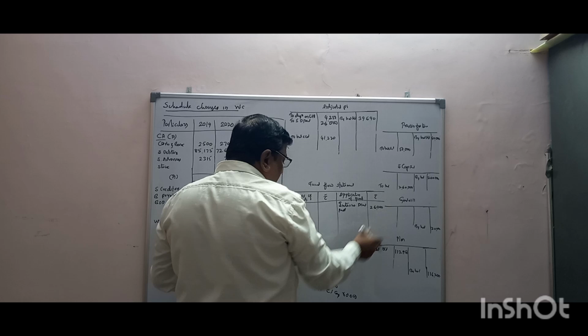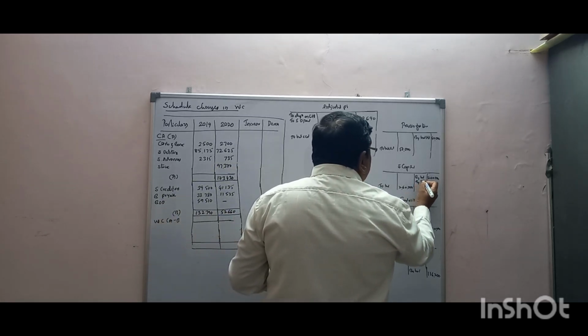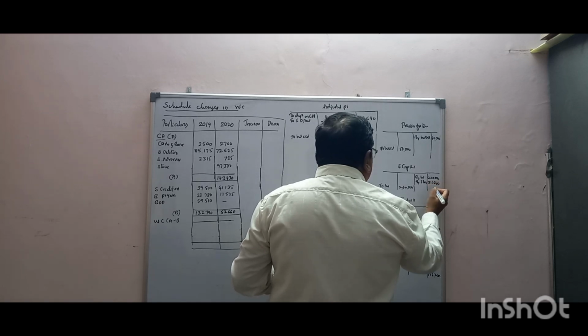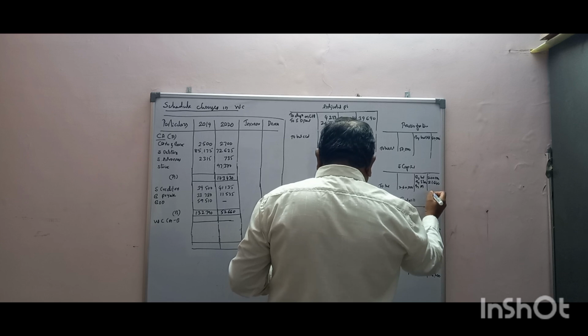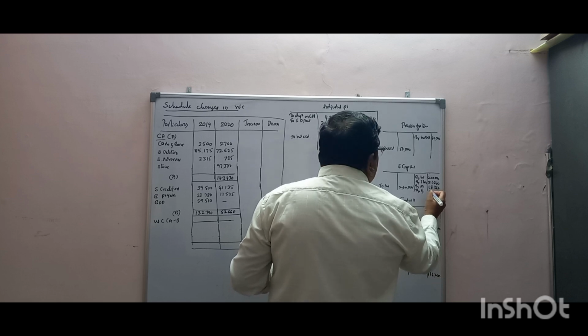In the equity share capital account, to stock 21,640, machinery 18,360, goodwill 20,000. That is one entry.